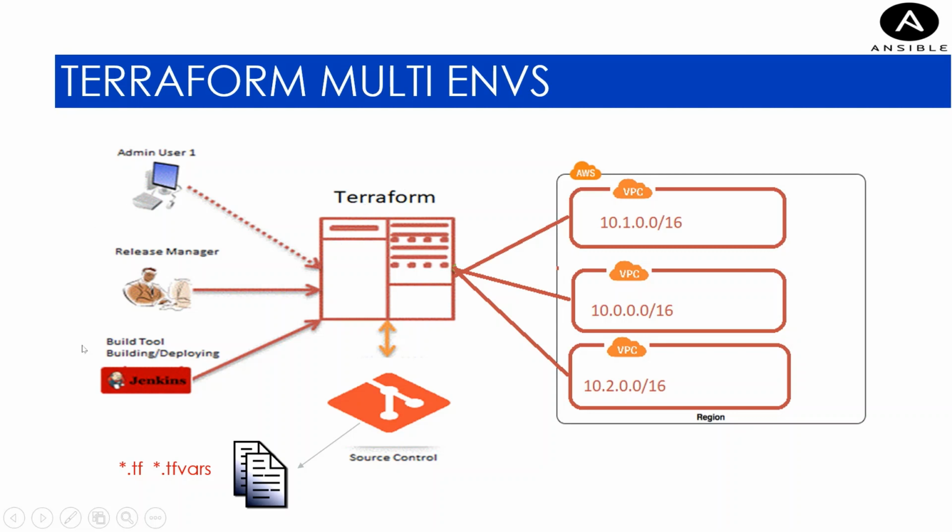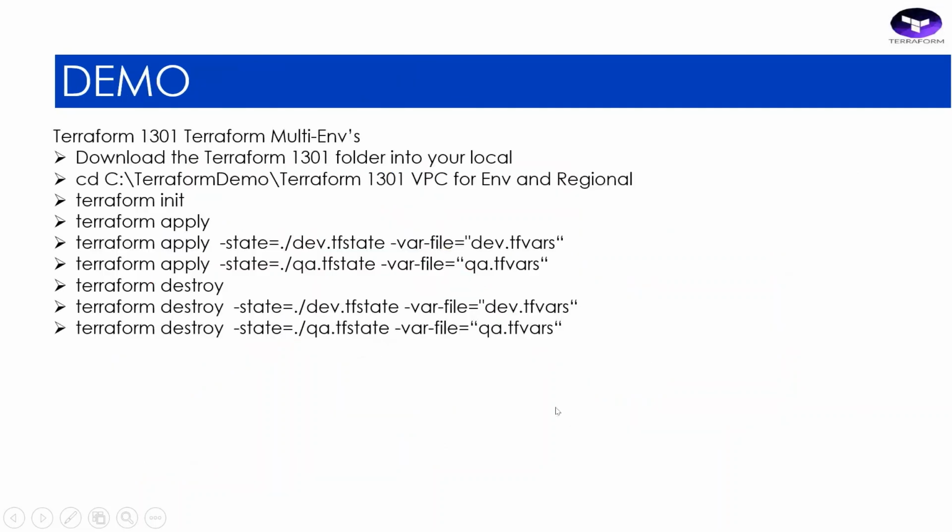Different n number of users will be there: an administrator, release manager, or build tools or other tools, where we can perform these commands while using an additional attribute in Terraform apply and destroy. Then you will create a different VPC respective to the environment. So let's go and do a demo.